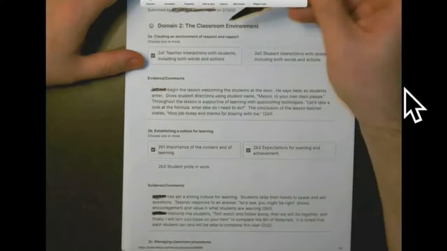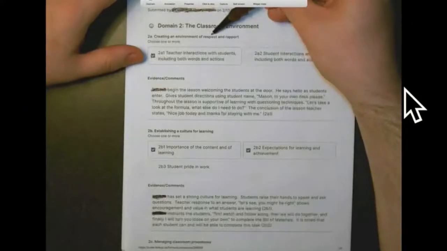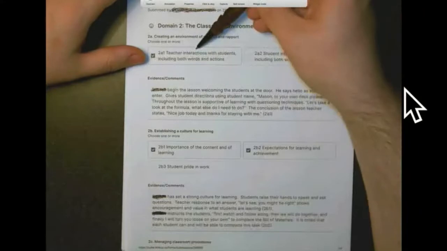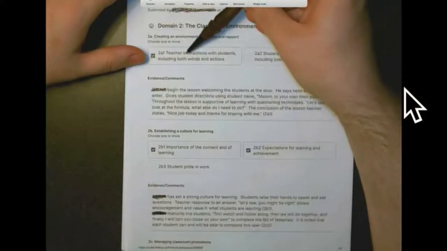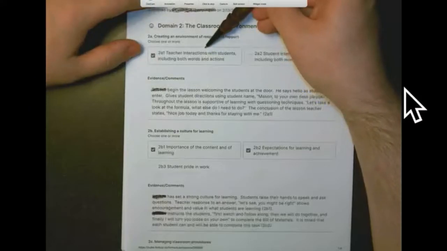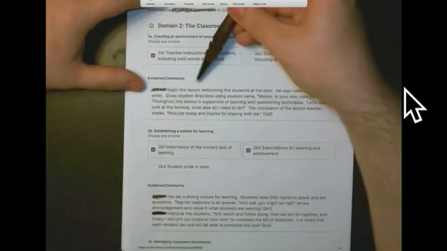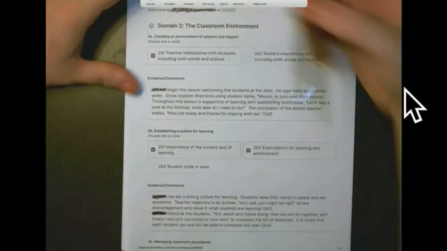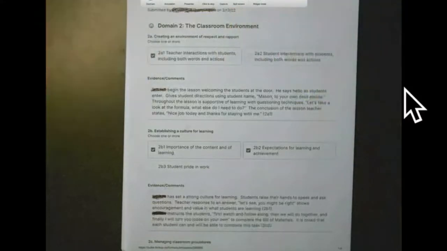So, creating an environment of respect and rapport. My interactions with the kids, including words and my physical actions, are what was being observed here. So we're saying here, I began the lesson welcoming students at the door. I try and stand at the doorway as much as I can in between periods, because we don't really have very good hall monitoring in my school.